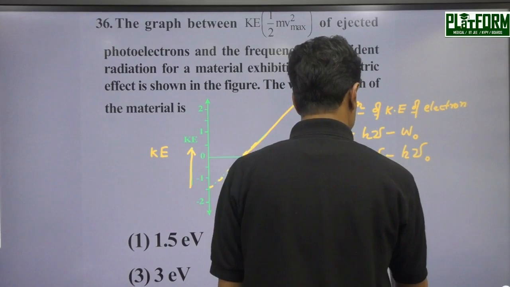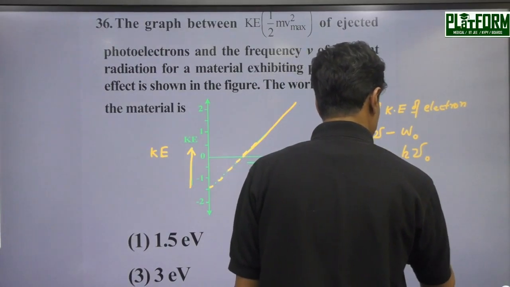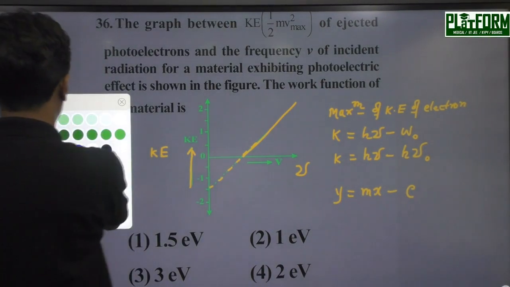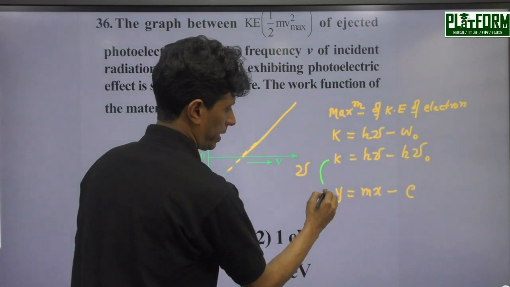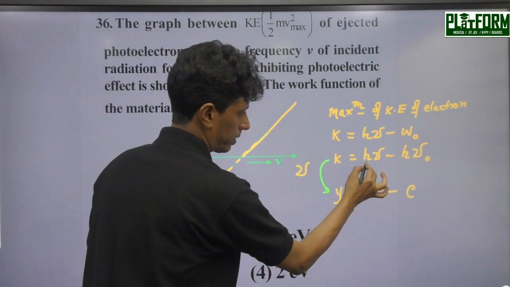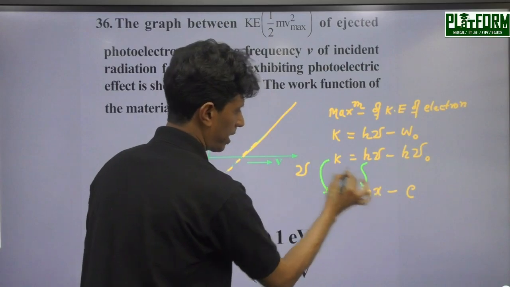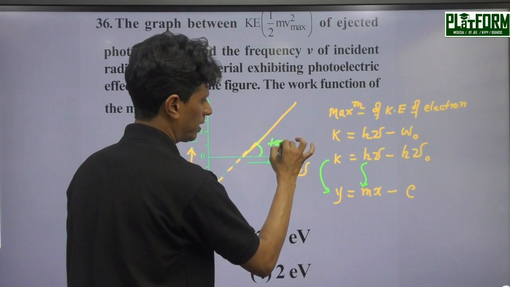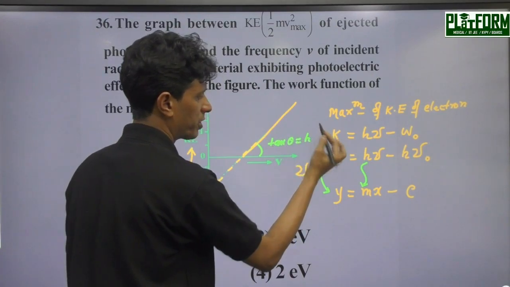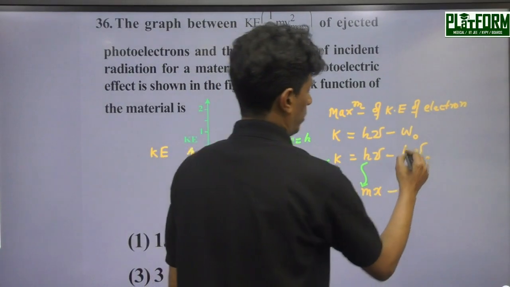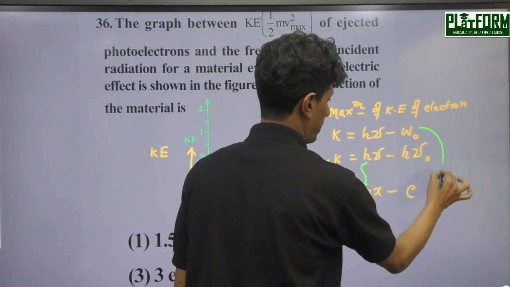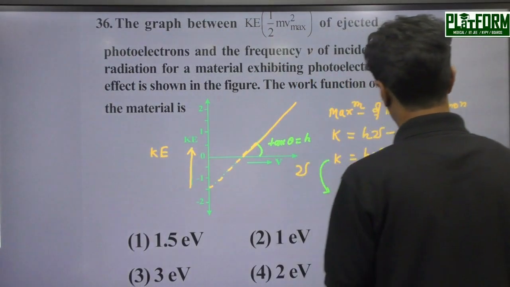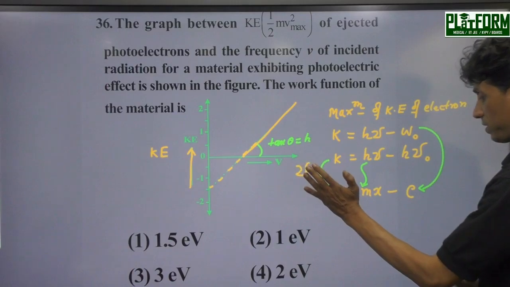Comparing with the standard straight line equation, K can be compared with y. Planck constant is actually the slope of the graph, tan theta is equal to h, and work function can be compared with c, that is the negative intercept on the y-axis.